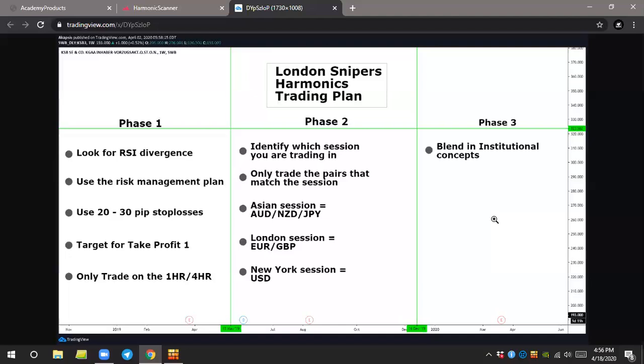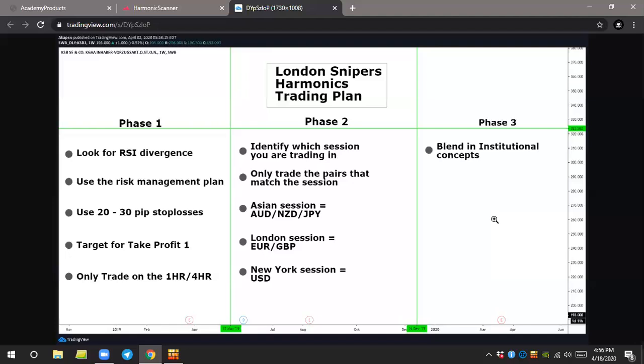But now, here are the important parts about these sessions. There are kill zones in these sessions to enter a trade. For London session, our kill zone is 2 to 4 a.m. For New York session, our kill zone is 7 to 10 a.m. Okay. For Asian session, our kill zone is between 7 till 10 p.m., if I'm not mistaken.